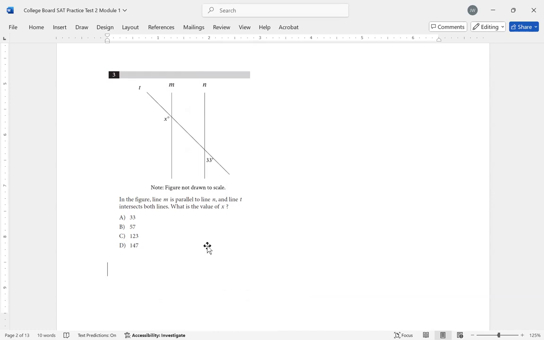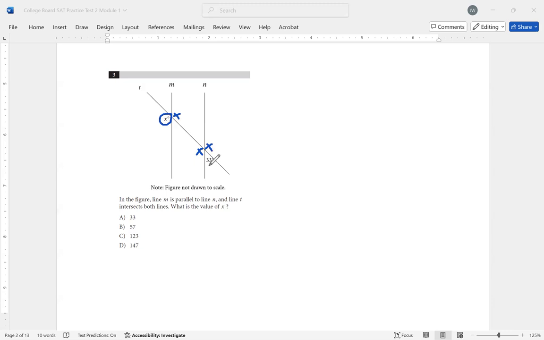There's a number of different ways you can do this, but because M and N are parallel, this angle X here is going to be the same as this angle. The parallel lines mean those two are the same. The fact that the angle across is also x, that's a feature of intersecting lines.